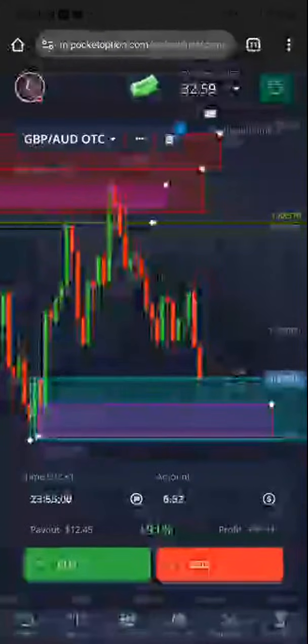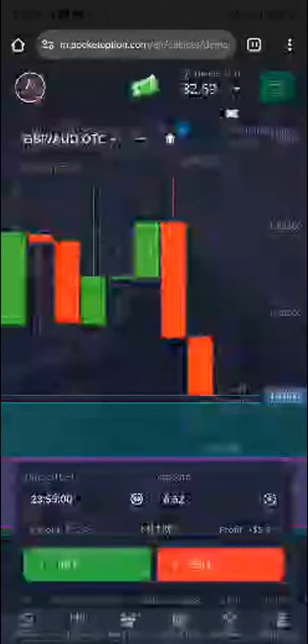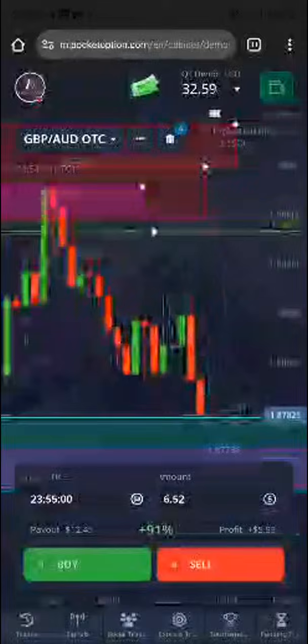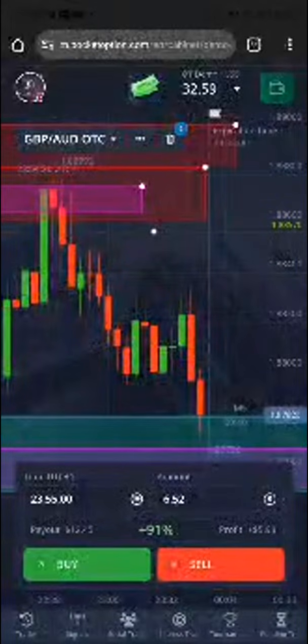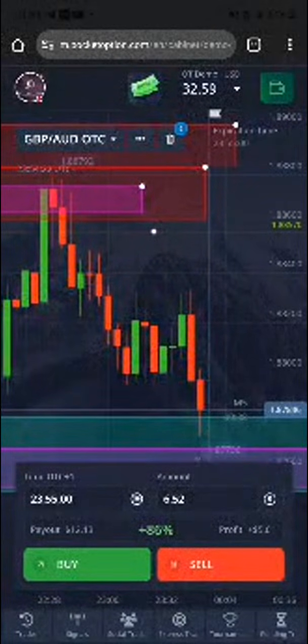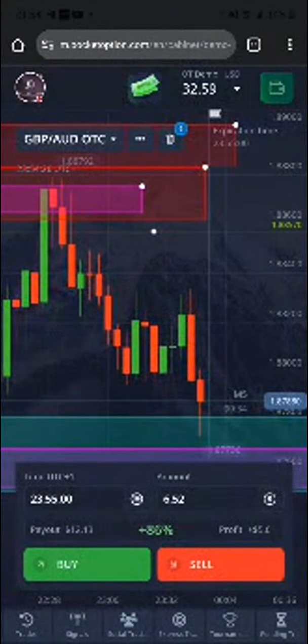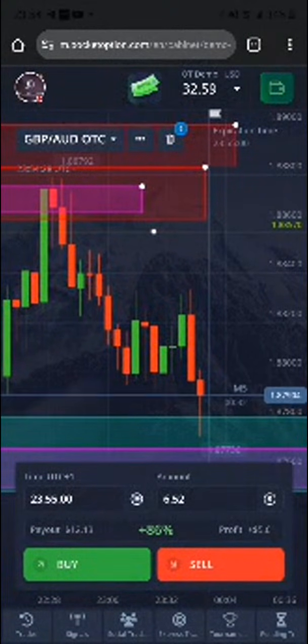I think it wants to pull back now, but I'm not going to take the trade inside the entry. This is where my entry is, or we're going to wait for it. If it doesn't come here, we're not taking the trade. So we're going to miss out on this trade right now.